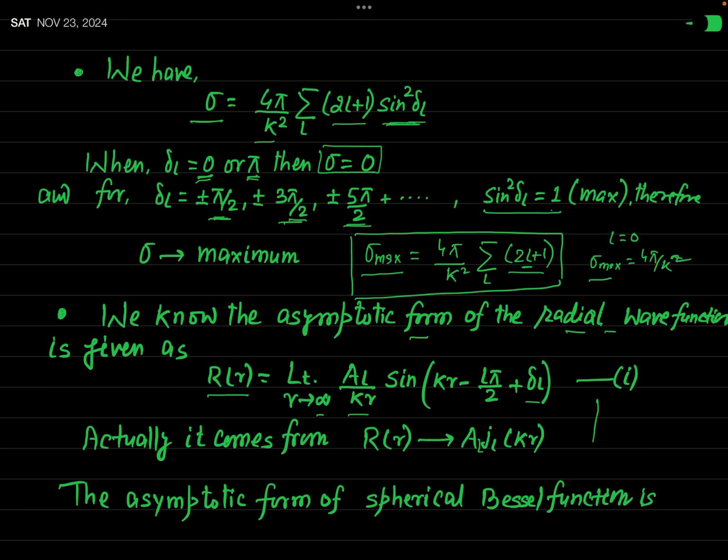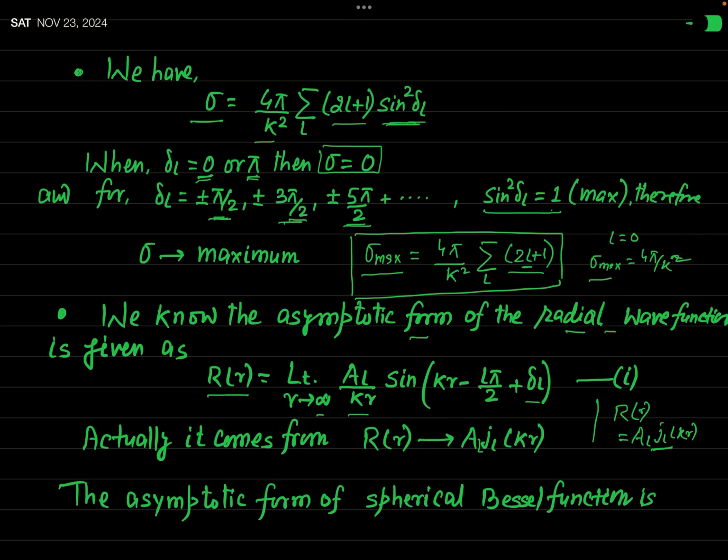Actually, this R of r is related to A L. R of r is equal to A L times j L of k r. What is this j L of k r? You have studied this j L of k r several times. This is the spherical Bessel function, and you have learnt in great detail this spherical Bessel function and its asymptotic form too.